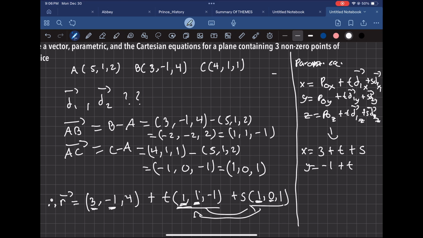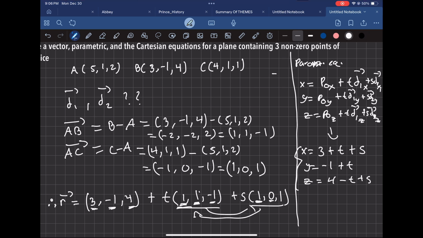And now for the z value, the point given is 4, so z equals 4, plus the z value of the first direction vector, which is -1, so I'm just going to write minus t, and the z value of the second direction vector, which is 1, so it's plus s.